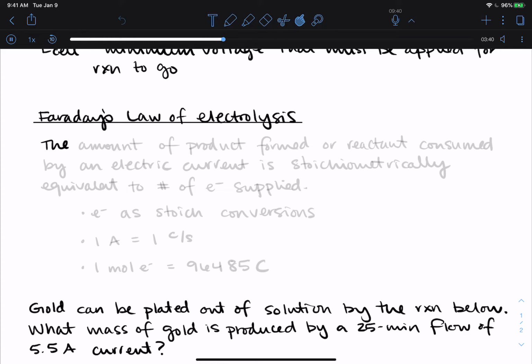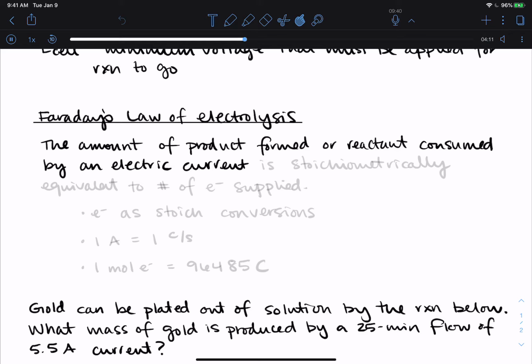So Faraday's law of electrolysis says the amount of product formed or reactant consumed by an electric current is stoichiometrically equivalent to the number of electrons supplied.